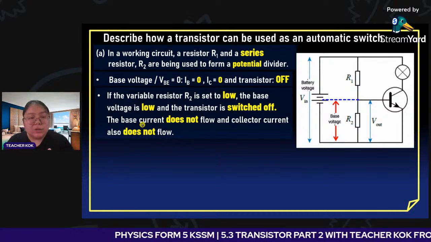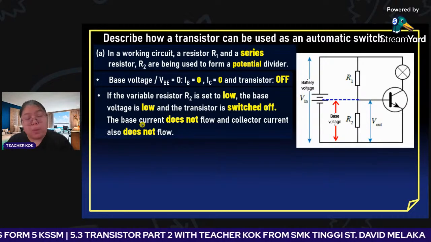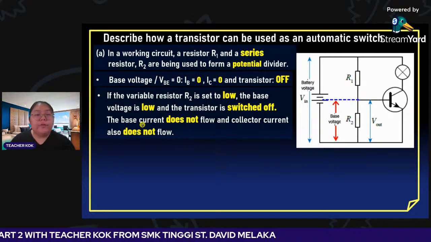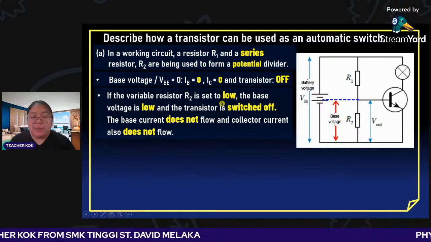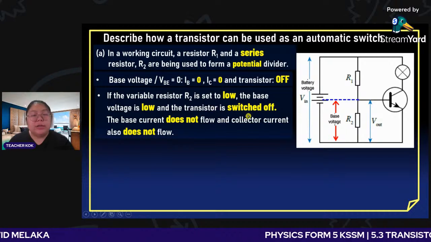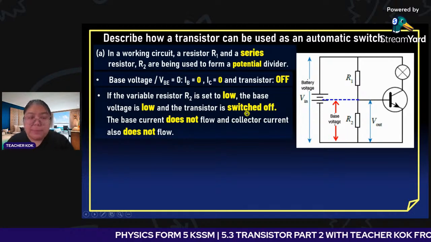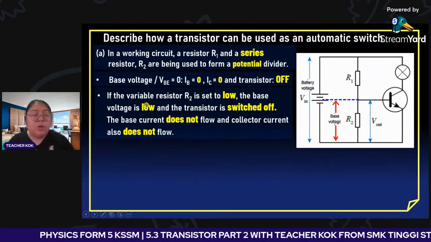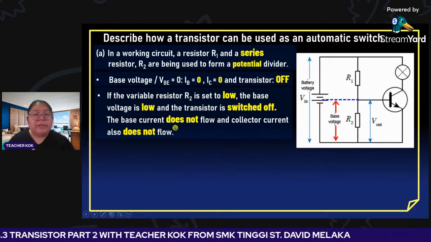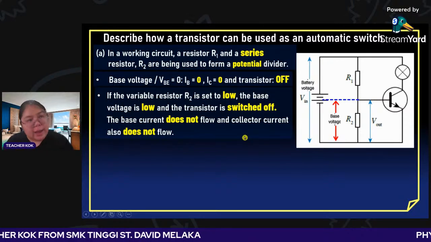The voltage is also low because V and R are directly proportional when the current is constant. So when R2 is set low, the base voltage is also low. Then the transistor switches off because there is no base current, so the base current does not flow and the collector current also cannot.